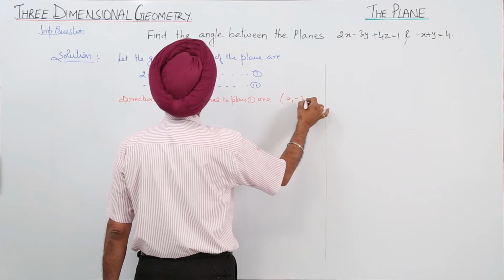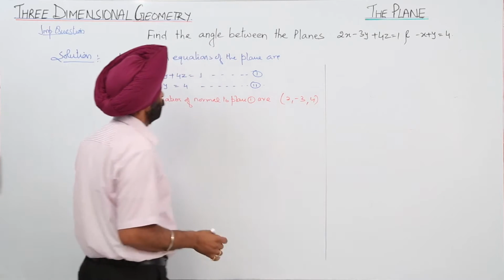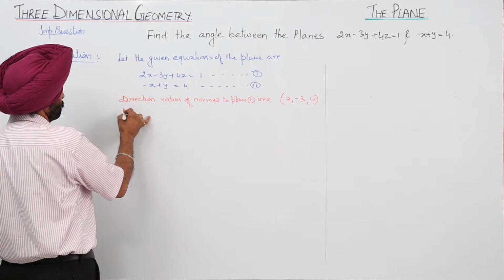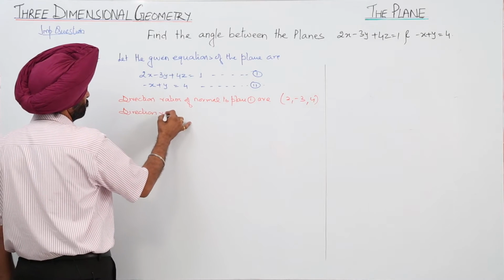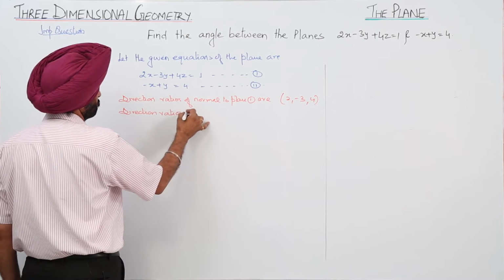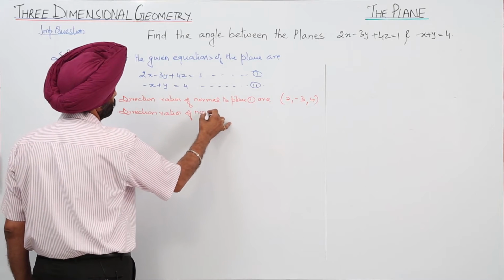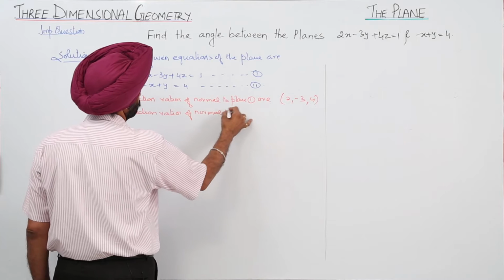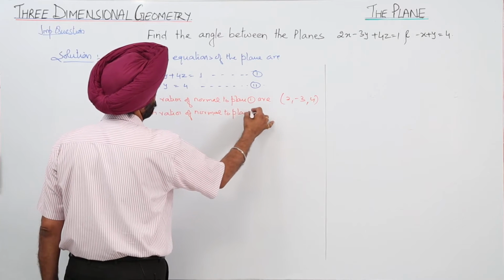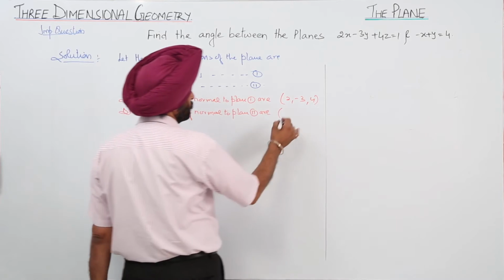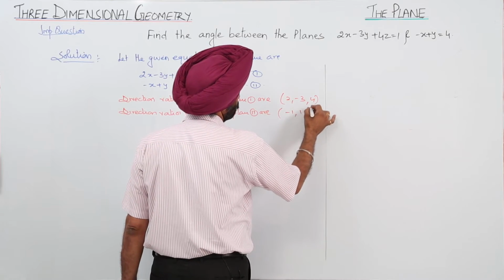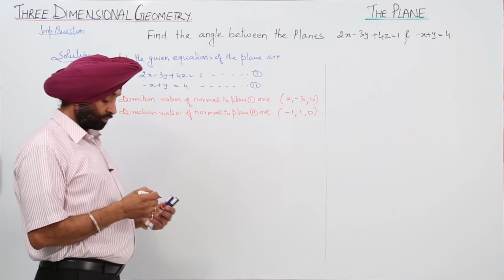And the direction ratios of the normal to plane 2 are minus 1, 1 and 0.